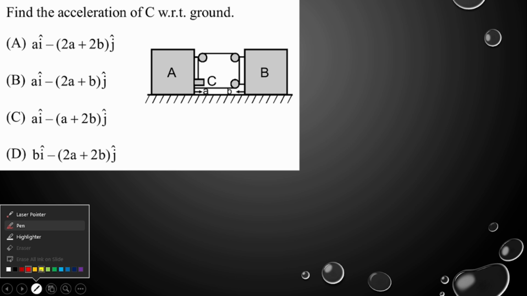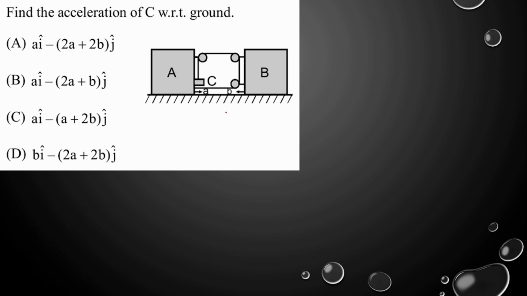Next question is point method. Acceleration of C with respect to ground, and here we have given that acceleration of A is in this direction a and B is in this direction b. Pointing out all the points. Point number 1, 2, 3, 4, 5, 6, 7 and 8.